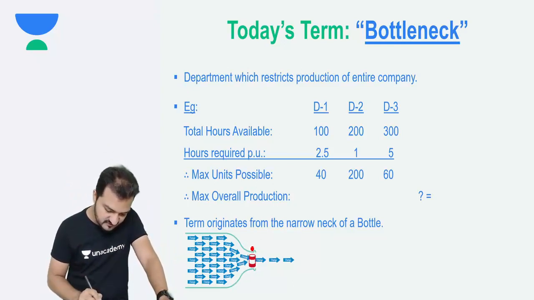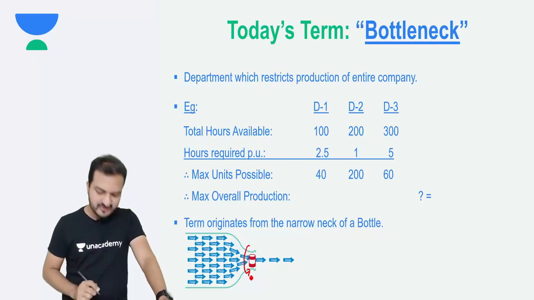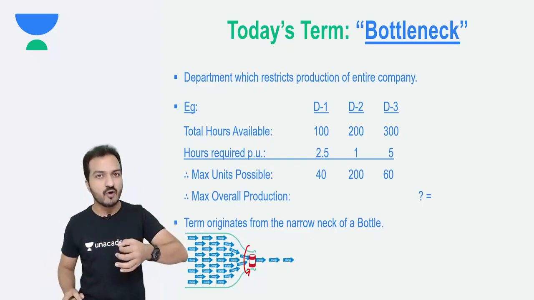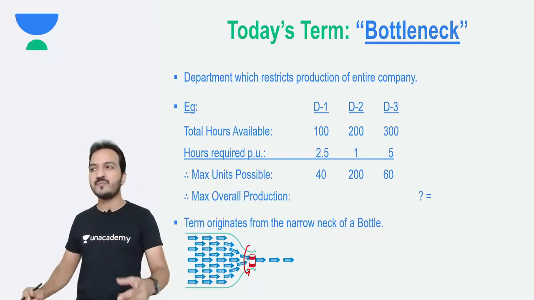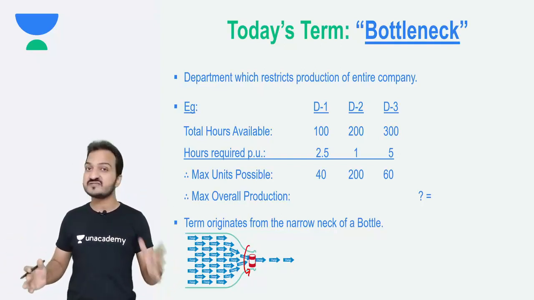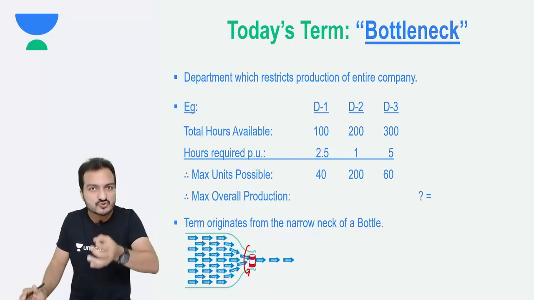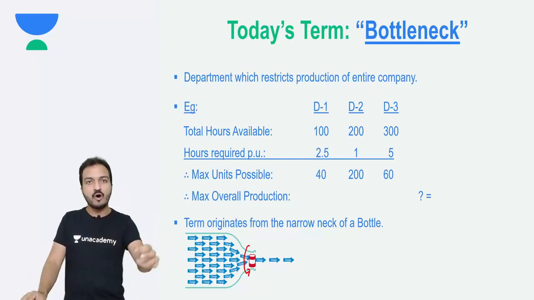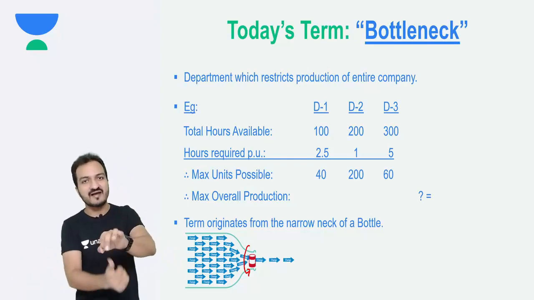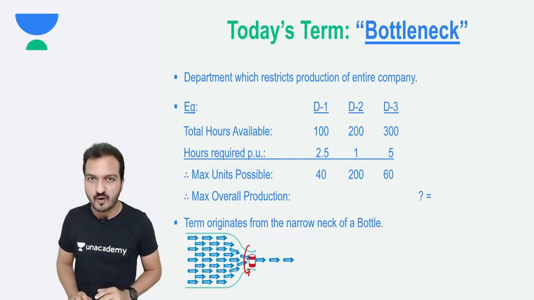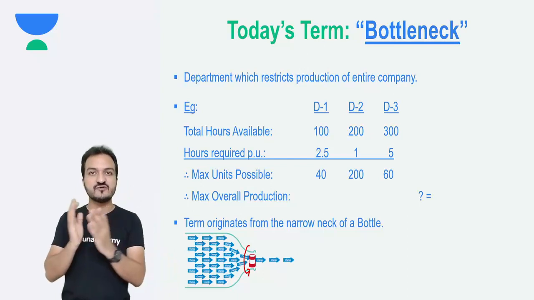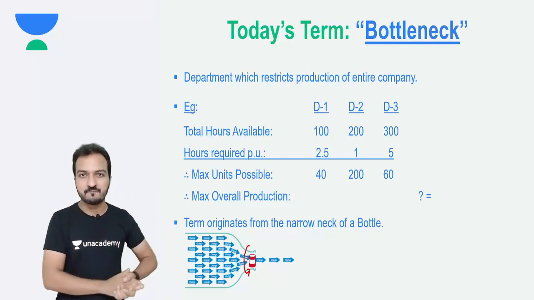So even if department 2 and department 3 are huge, massive departments, but department 1 is small, then the output which comes out from the factory is restricted because department 1 is small. It is the same exact concept which you see in the bottle here.